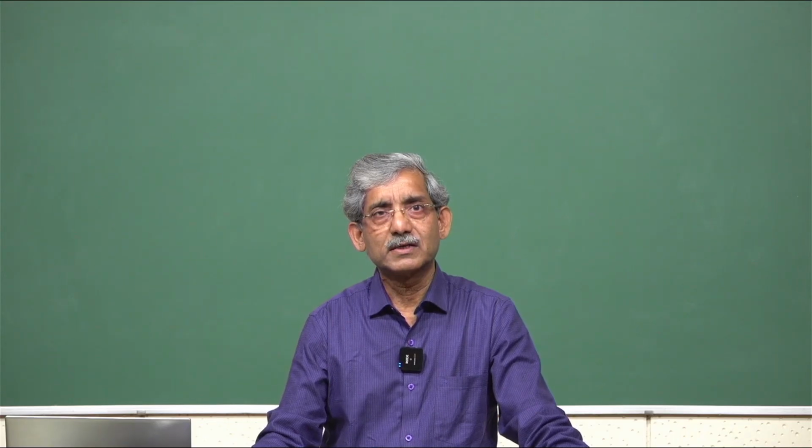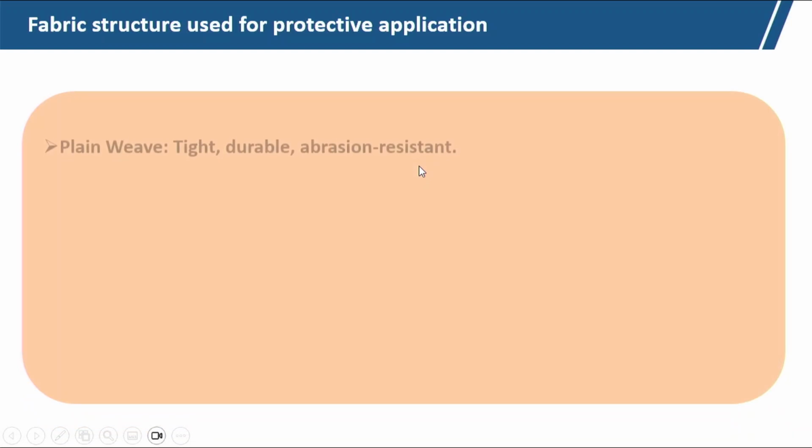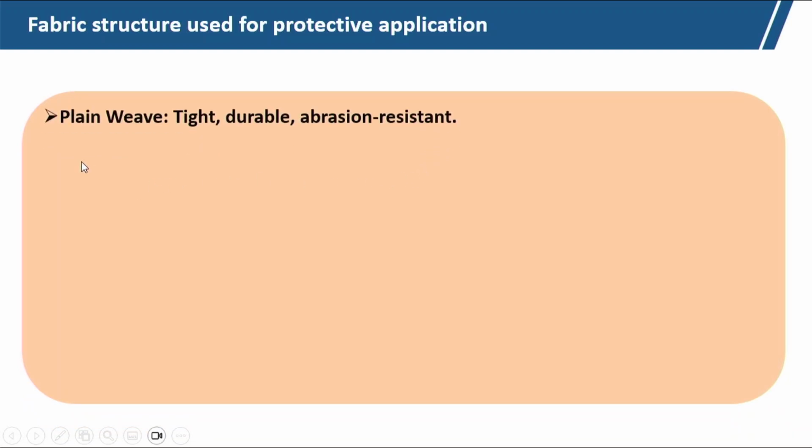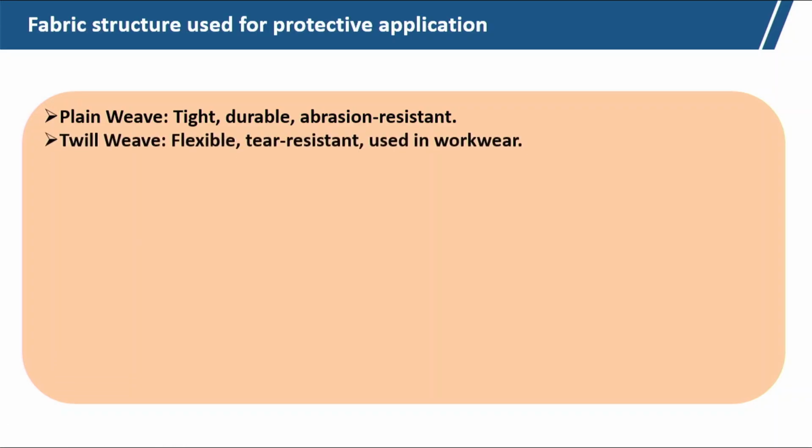So, what are the fabric structures for protective applications? Plain weave, which is tight, durable and abrasion resistant. Next is twill weave, which has flexibility, higher tear resistance and is used for workwear.